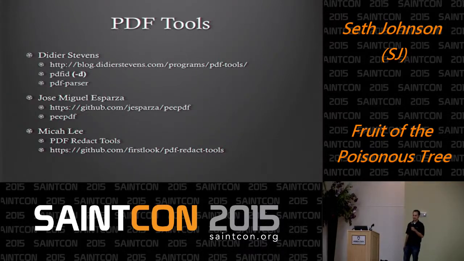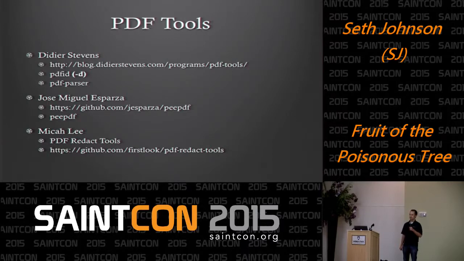The two that I find most useful are PDF ID and PDF Parser. PDF ID is a tool that you run as a Python script against your PDF documents, and it will identify the basic objects inside the PDF document to give you an idea of how risky that document is.